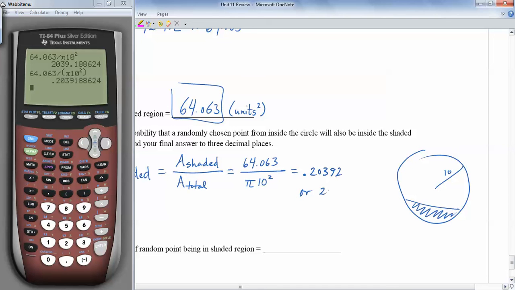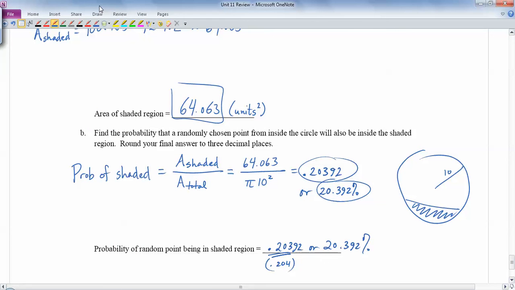Or you could say 20.392% if you prefer the percent version. So either of these is okay. If you just did the decimal version, you could just say 0.204 instead. So that would be rounded correctly. Okay, I hope that helps a little bit, and I'll see you guys soon.